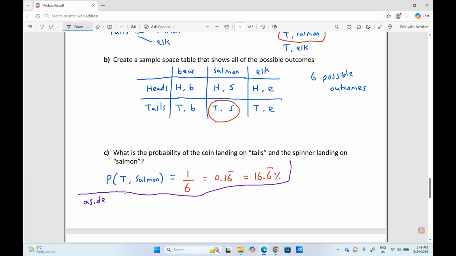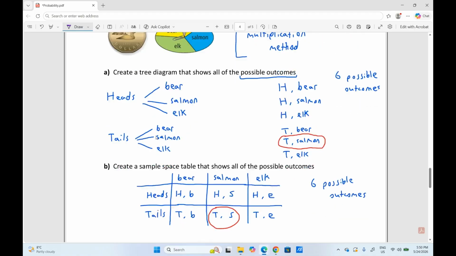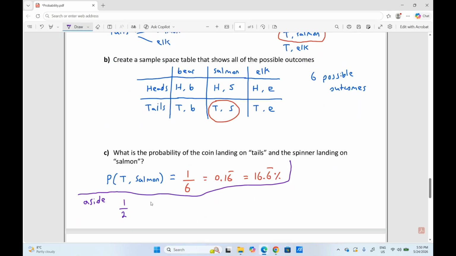There's 2 outcomes for a coin, but let's say you just find out what's the probability of me flipping a coin and landing on tails. It's going to be 1 out of 2, right? And what's the probability of just spinning a spinner and landing on salmon if I have 3 outcomes here? 1 out of 3, right? Because I have a 1 in 3 chance of landing on it.